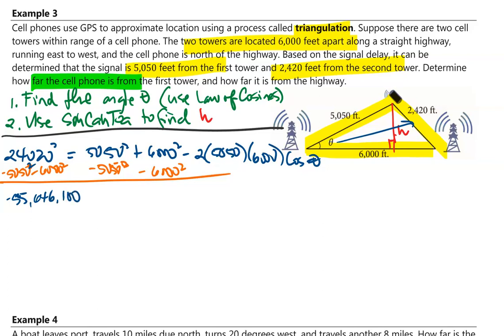So 2,420 squared minus 5,050 squared minus 6,000 squared is actually equal to negative 55,646,100, which is equal to, if we subtract 2 times 5,050 times 6,000, that is 60,600,000 cosine of theta. Then divide both sides by 60,600,000.